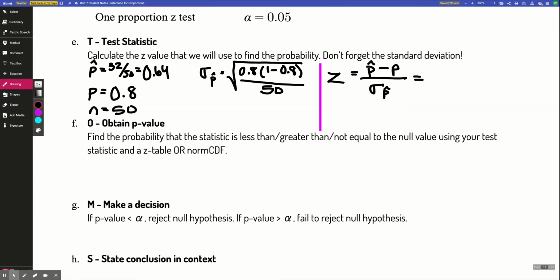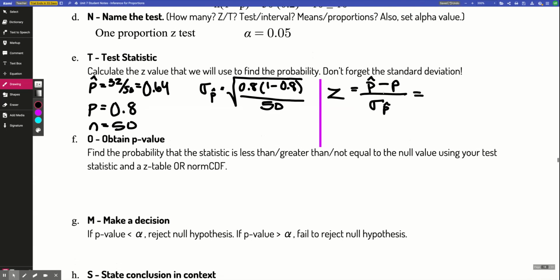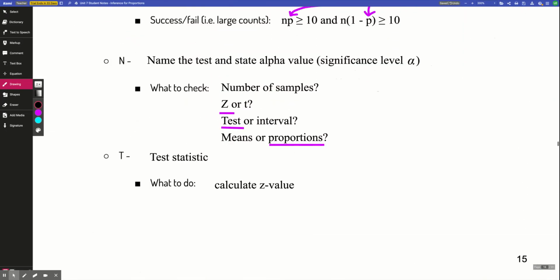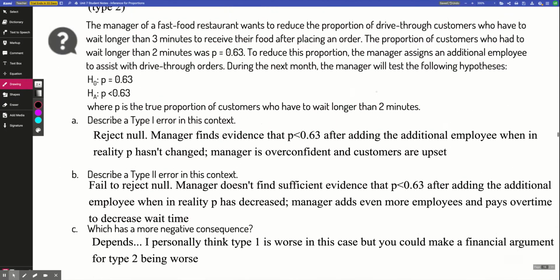Maybe not specifically this Z formula with the P hat and the P and the standard deviation, but they do give you, let me find it up here.